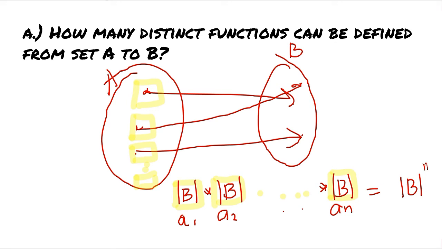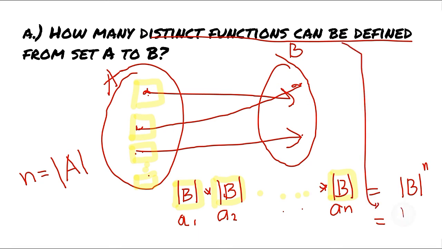But what is n? n is the number of distinct elements of A, so n is equal to the cardinality of A. Therefore, the number of distinct functions that can be defined is the cardinality of B raised to the cardinality of your domain A. And that's it.